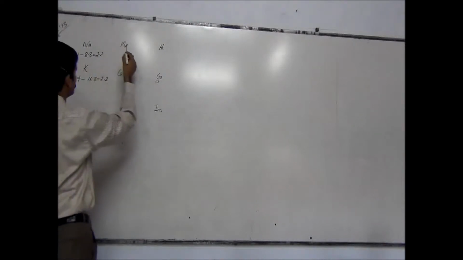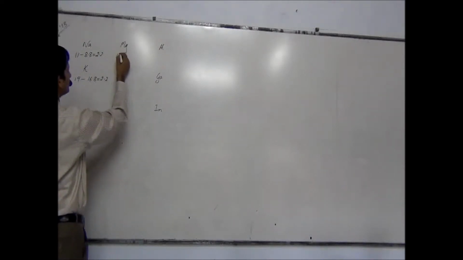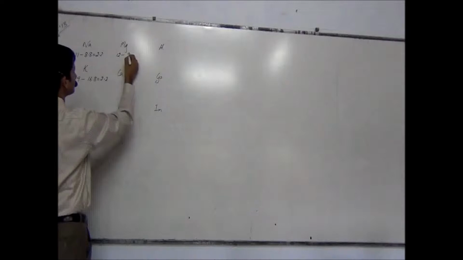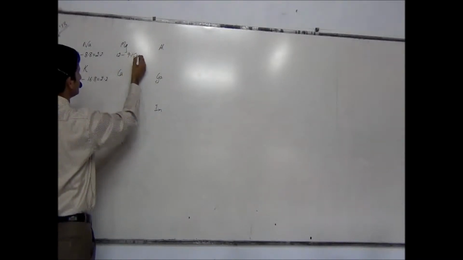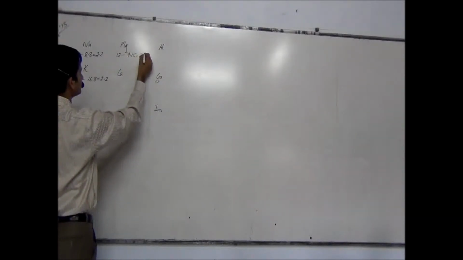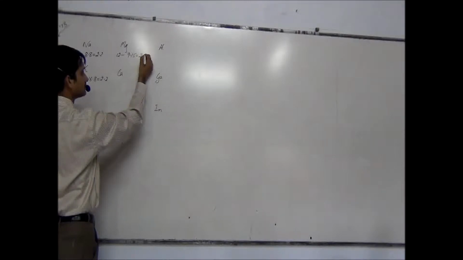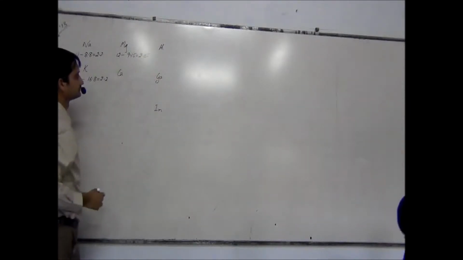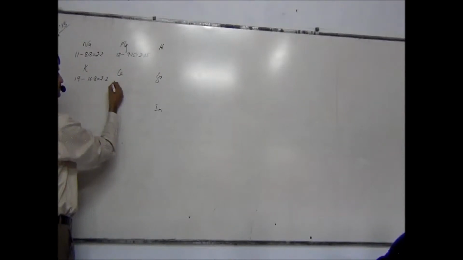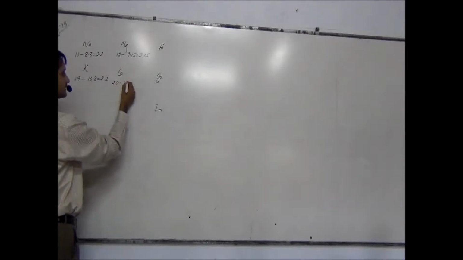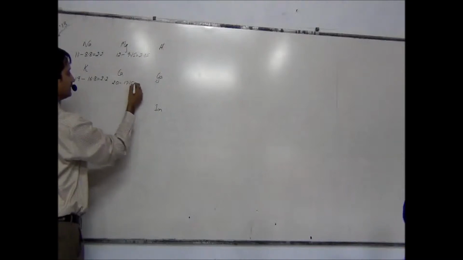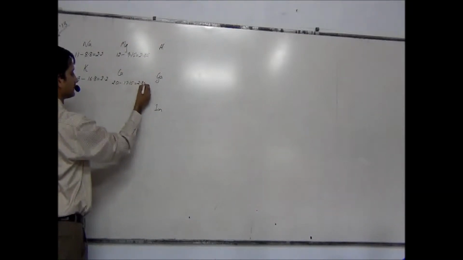In magnesium, it will be 12 minus 9.15, that will come out to be 2.85. And in calcium, it's going to be 20 minus 17.15. Again, it comes out to be 2.85.